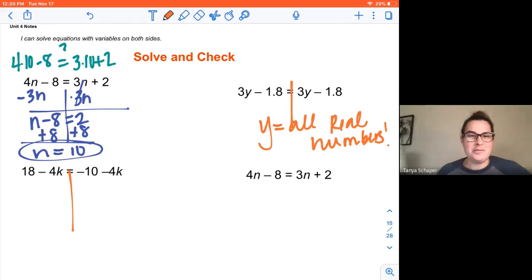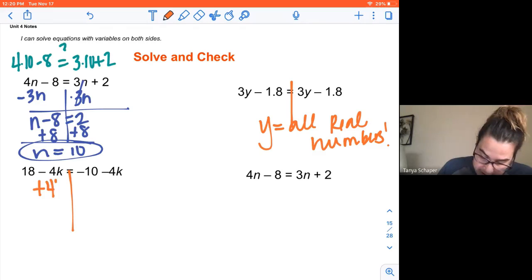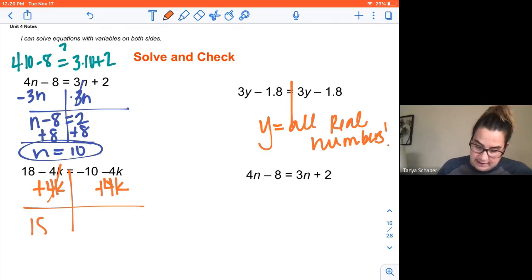I'm going to get variables on the right side, okay? So I'm going to add 4k to both sides. Oops, there we go. So 18 is equal to negative 10 minus, oh, wait. Let's take a look. Negative 4k plus, that cancels out.